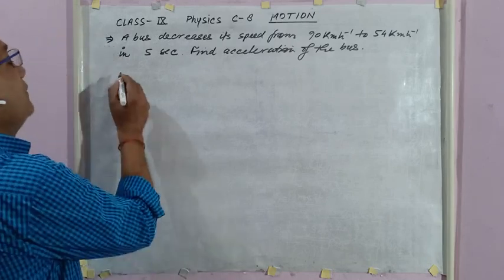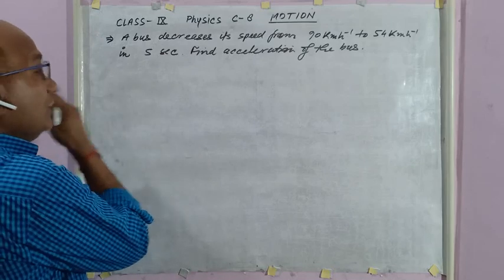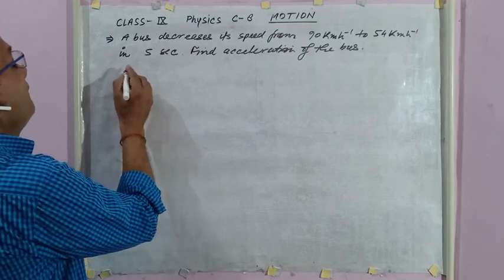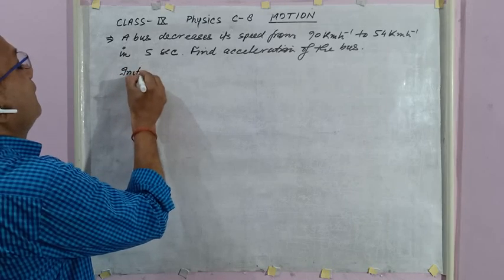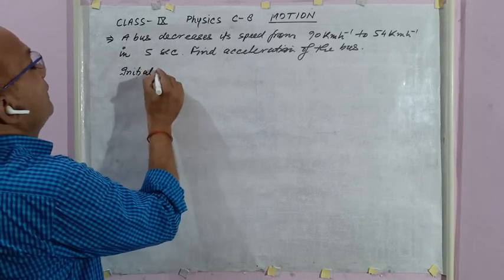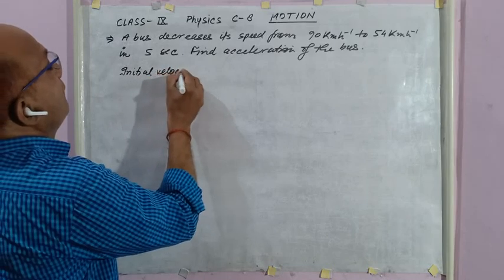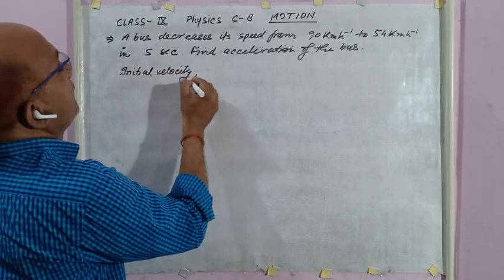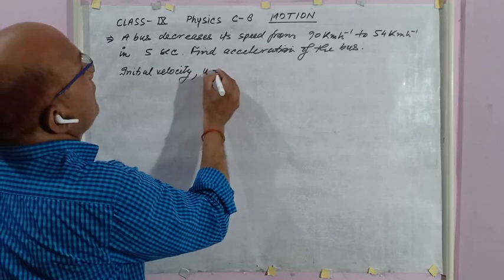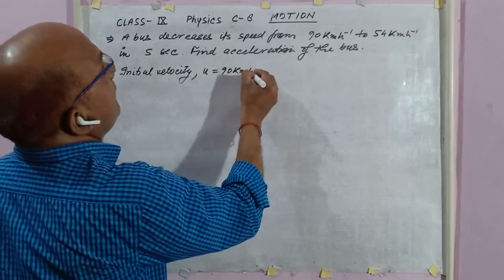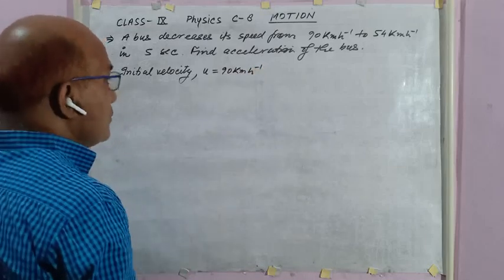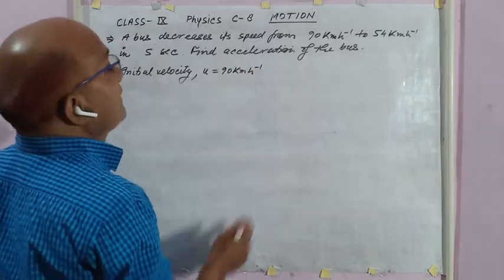Now, initial speed, initial velocity u, is equal to 90 km per hour. Change this value in meter per second.